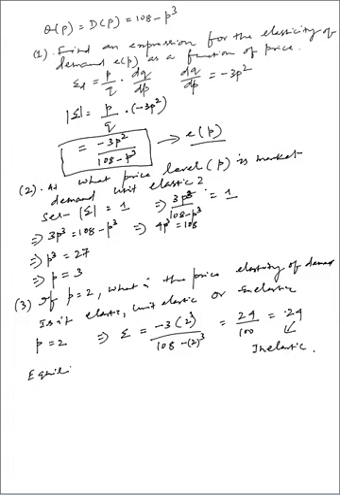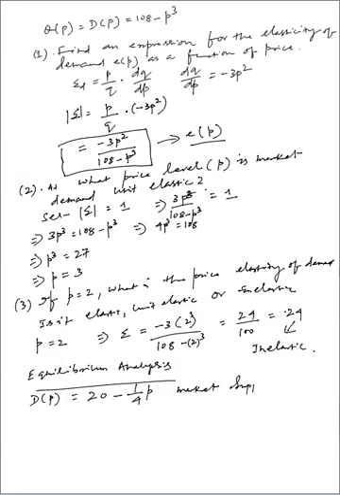For example, you have demand function equals to 20 minus 1 upon 4p, and market supply function is given as S of p equals p minus 10.